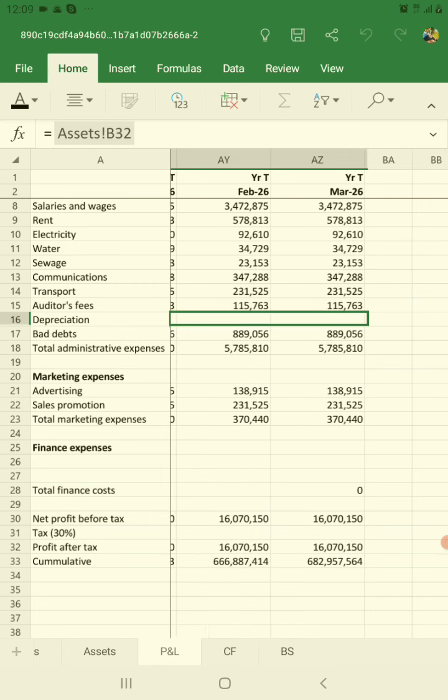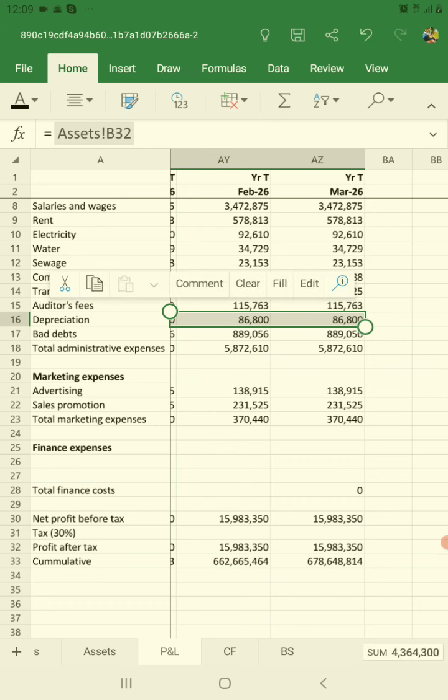So this is the first component for double entry transactions for fixed assets. The depreciations are debited or accounted on administrative expenses on profit and loss.